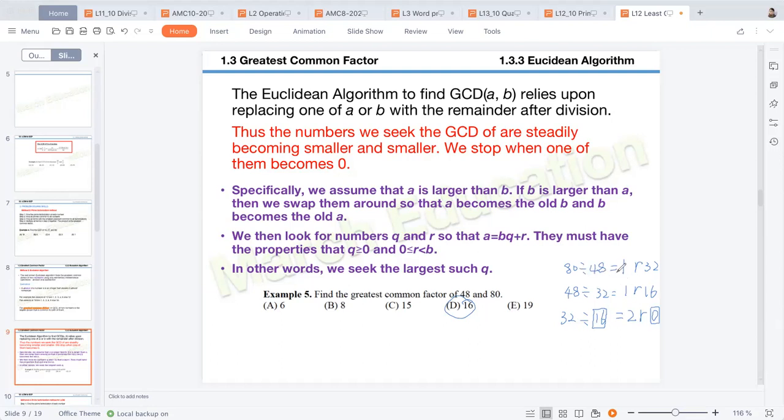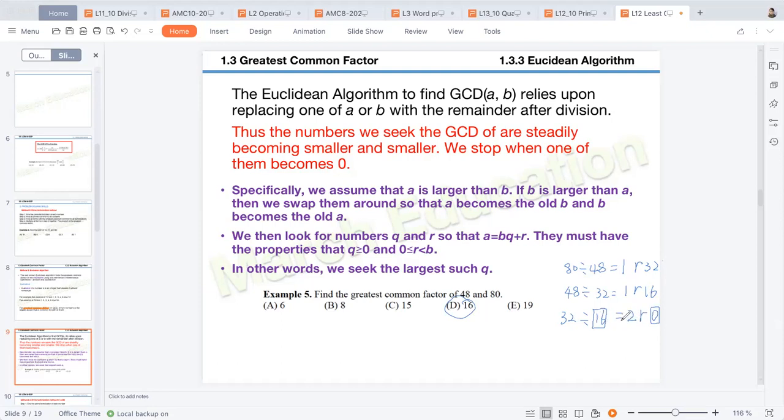So 80 divided by 48, the answer I get is 1 and the remainder is 32. Then I use 48 to divide it by 32. The answer is 1 and the remainder is 16. So 32 divided by 16, I get 2 and the remainder is 0.